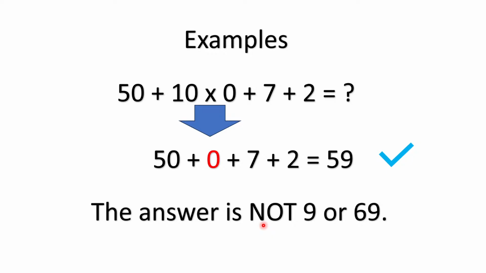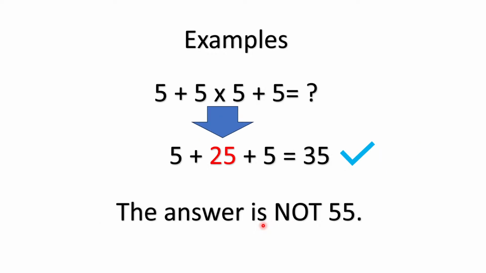Now I will see a lot of answers for this problem, either 9 or 69, are two of the most common incorrect answers that I've ever seen for this problem. So it's not 9 and it's not 69 either, okay?